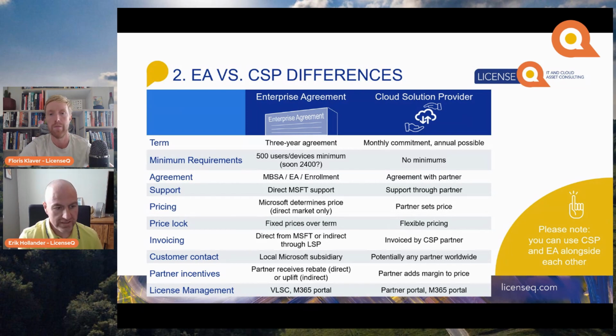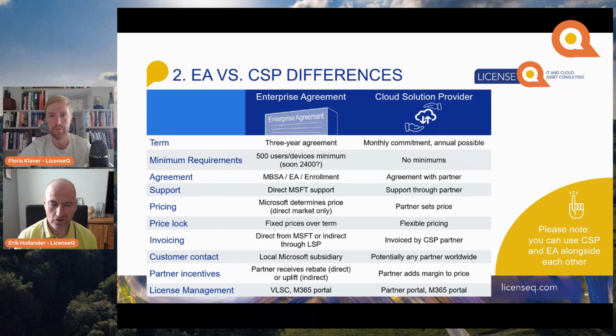The structure of the enterprise agreement is a bit more professional than the CSP is. It has the Microsoft Business and Services Agreement built in. It has the enterprise agreement in it and the enrollment. So there is a contractual structure in it. It's possible to put amendments in it. It's a very professional vehicle to contract in.